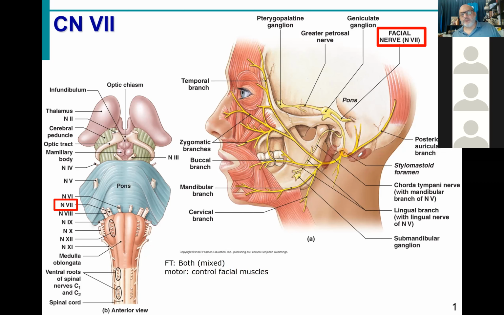What was the big round bump of the temporal bone called again? Mastoid process. And the tiny pointy one? Styloid process. Excellent. So the hole in between it, its skull exit, is what? Stylomastoid foramen.